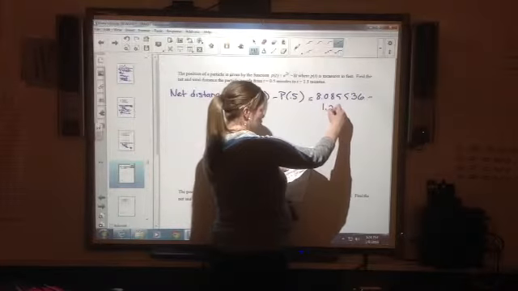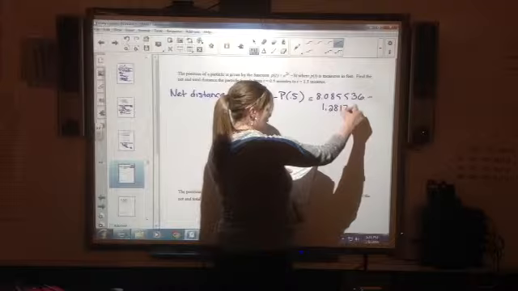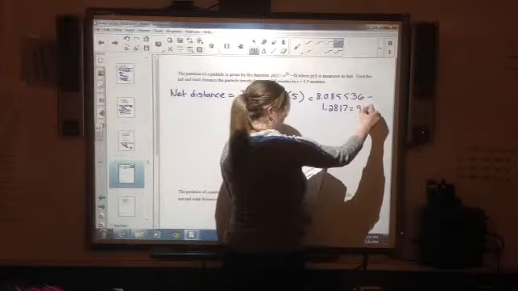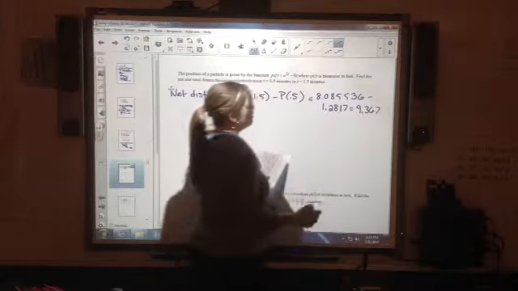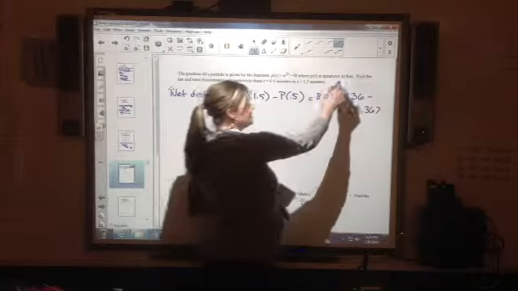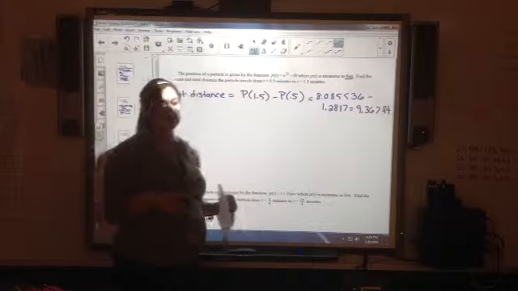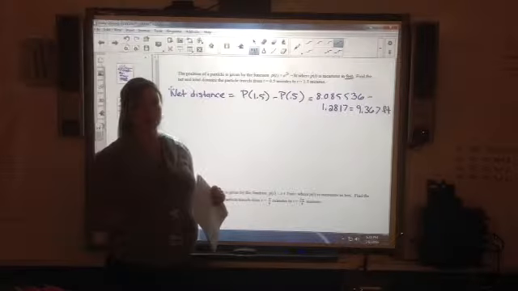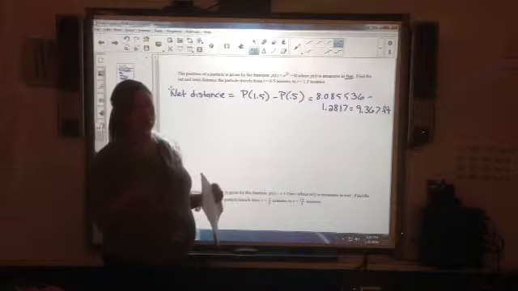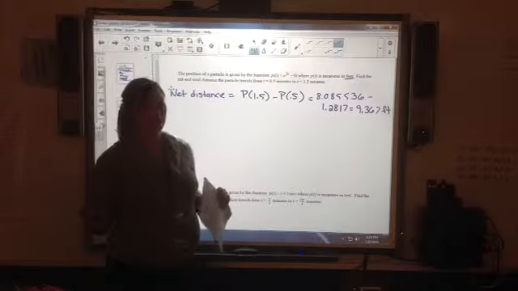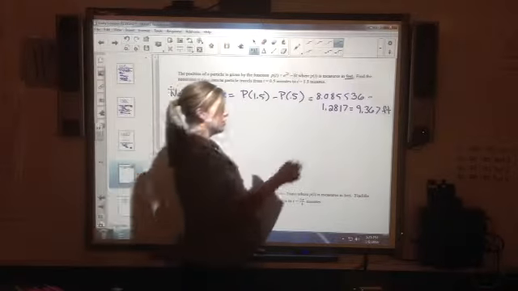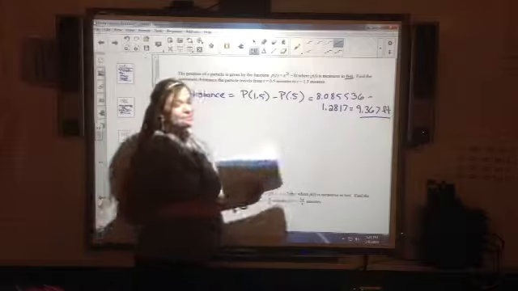Minus 1.2817, and you get 9.367. Be careful about this. It's measured in feet. If this were negative, you would make this a positive distance because distance is always positive. If I start out to the right and then move to the left, my answer would end up being negative, so you would just take the absolute value. But for right now, 9.367 feet.